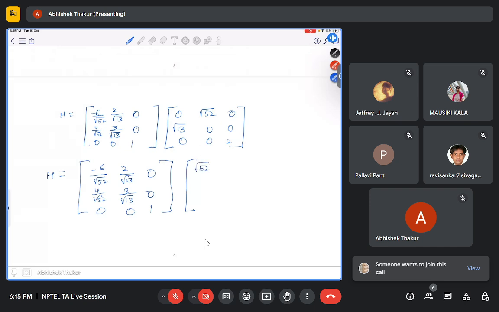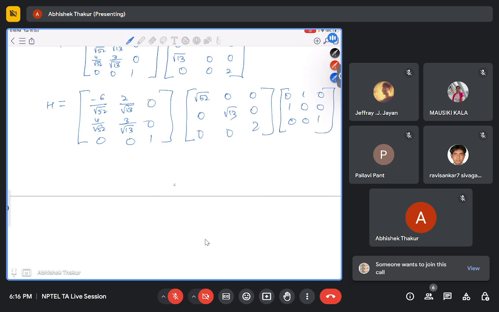So we'll get root 52, 0, 0, 0, root 13, 0, 0, 0, 2, and here we'll multiply with an identity matrix by changing row 2 with row 1, so it will become 0, 1, 0, 1, 0, 0 and 0, 0, 1. So this is the singular value decomposition of the channel matrix. Here this term is V Hermitian, this term is sigma, and this term is U.